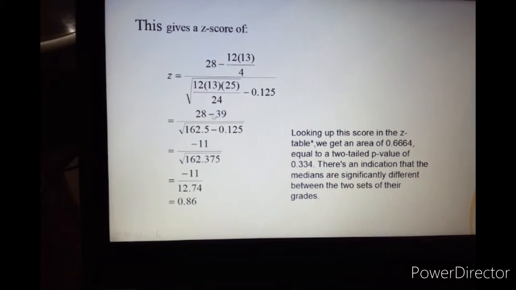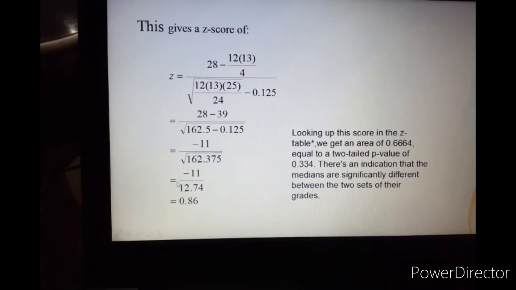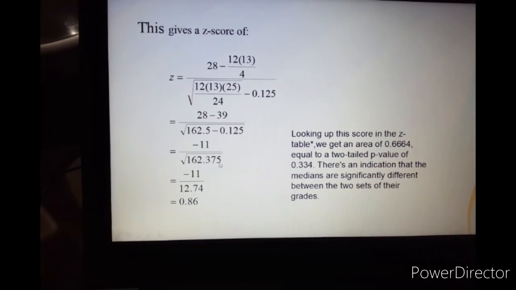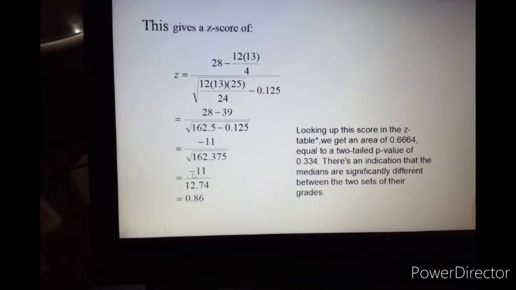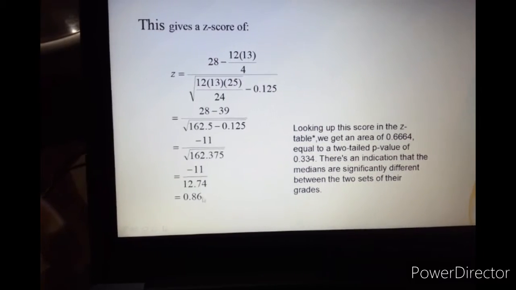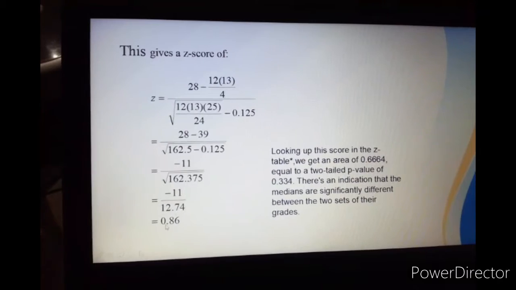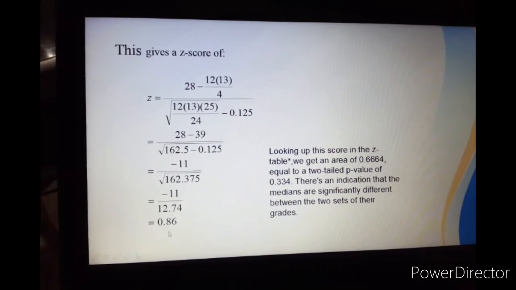Then 28 minus 39 is equal to negative 11 over the square root of 162.375, which is 12.74. So negative 11 divided by 12.74 is equal to 0.86. So the value of our z-score is 0.86. We ignore the negative sign, so it is automatically positive.